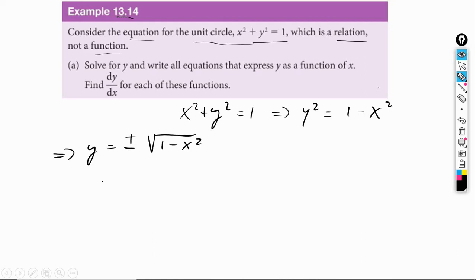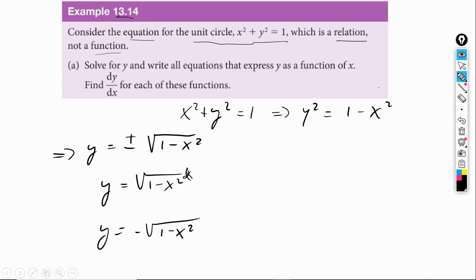So that means that y is either equal to the square root of 1 minus x squared, or y is equal to minus the square root of 1 minus x squared. So what we're going to do is grab these individually and find the derivative. So let's start with this one.